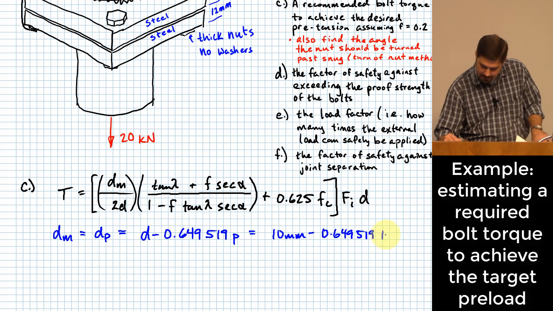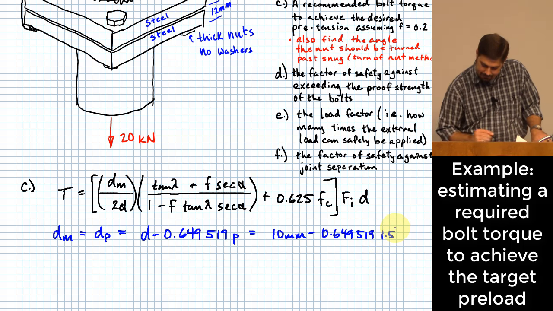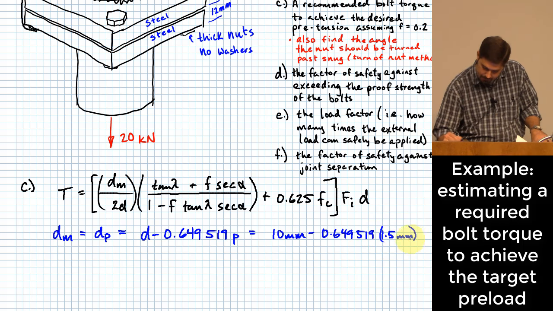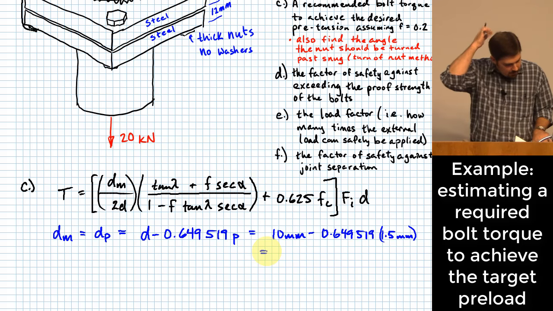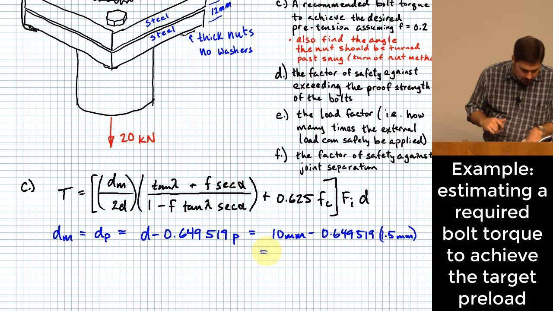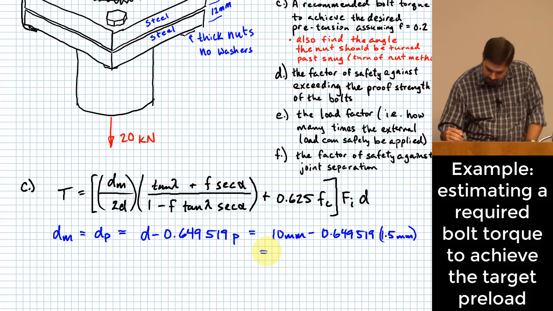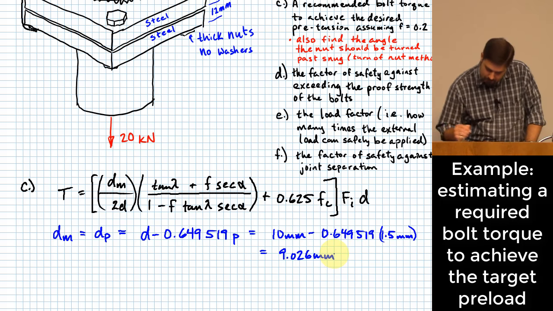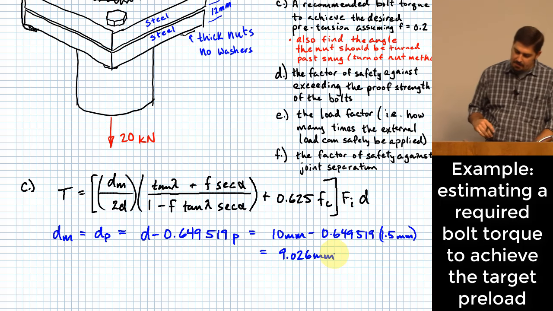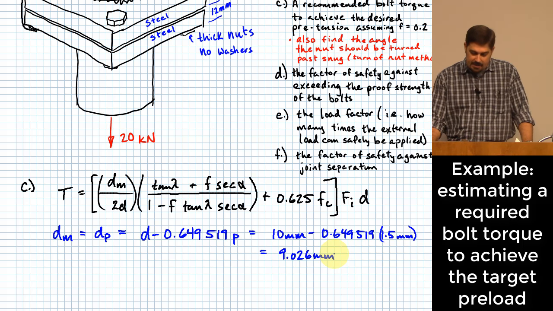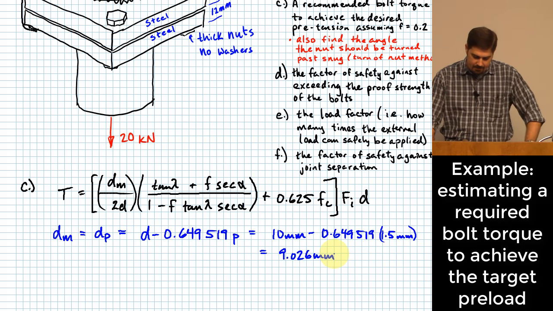So you have a single thread, 1.5 millimeter pitch. Okay, so this gives us 9.026 millimeters. That's what we use for D sub m in this equation. What we use for regular D is just 10 millimeters, so that's not weird.